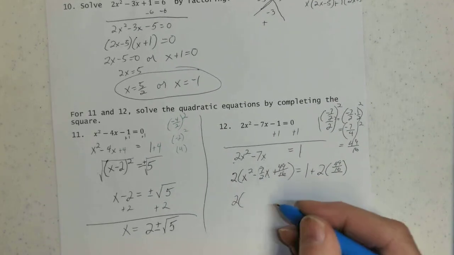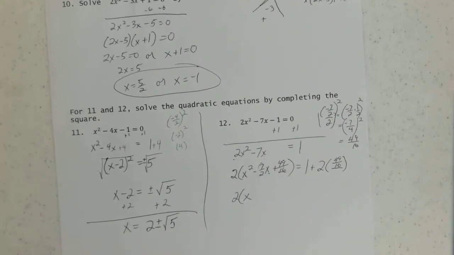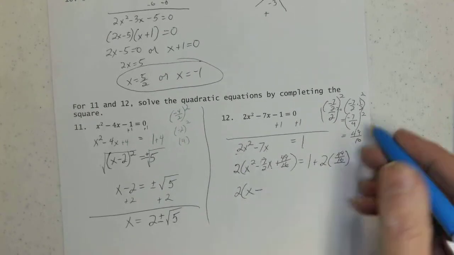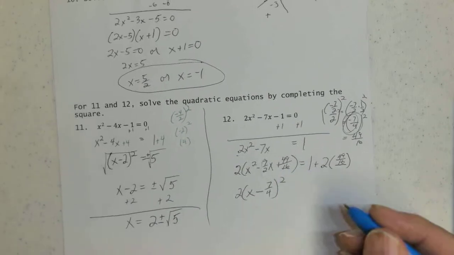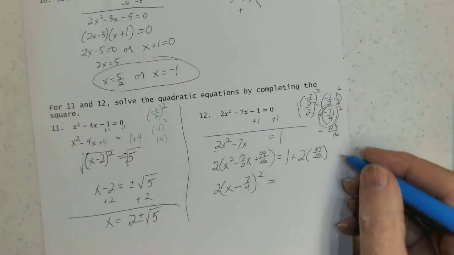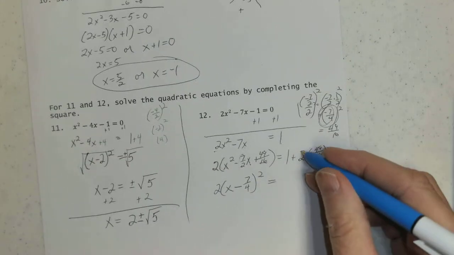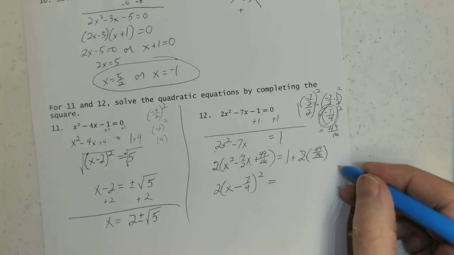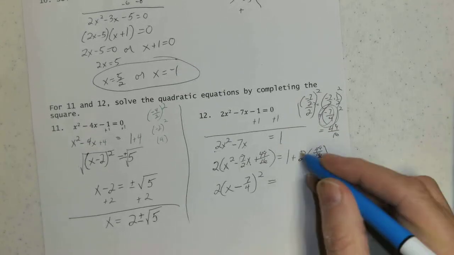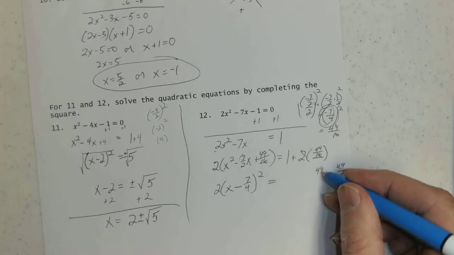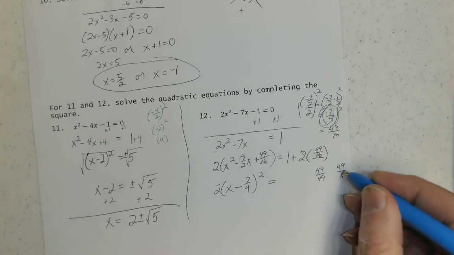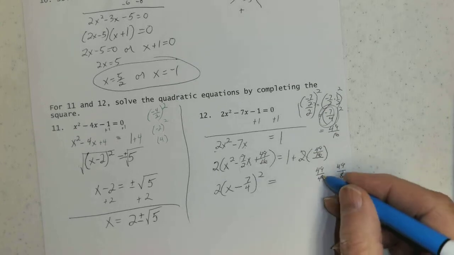I got 2. I've got x minus, this is what's always going to be what goes there, equals, that's 49 over 8. 2 times 49 sixteenths is 49 over 8. This is 49 49ths, which is not what I want.